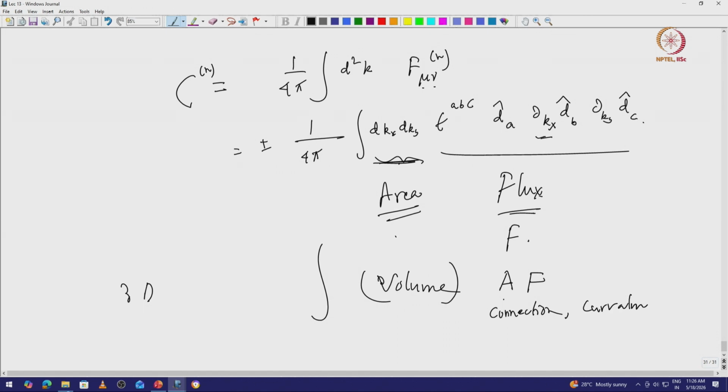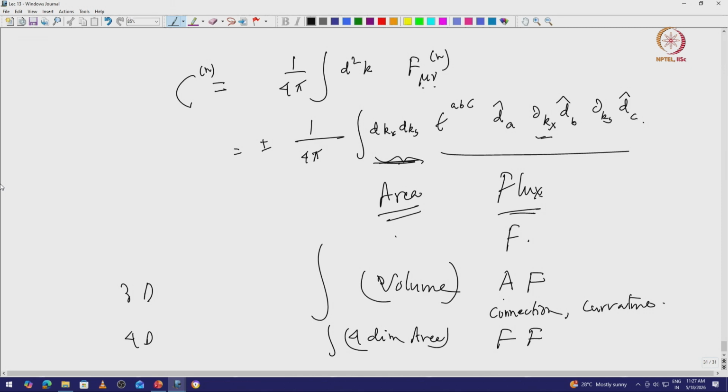Okay. And 4D, again 4D volume area, 4-dimensional area, and F and so on. Okay. And that is what I want to do.